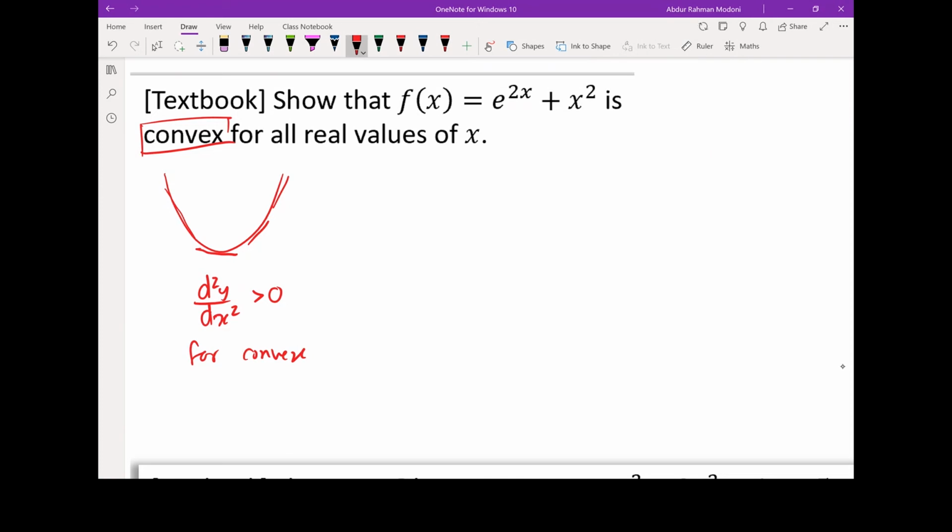So let's go and work out my first derivative. Differentiating each term here, e to the 2x becomes 2e to the 2x plus 2x. Second derivative, differentiating this becomes 4e to the 2x plus 2.